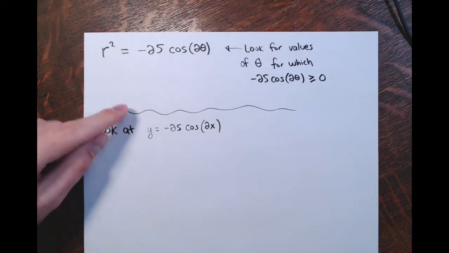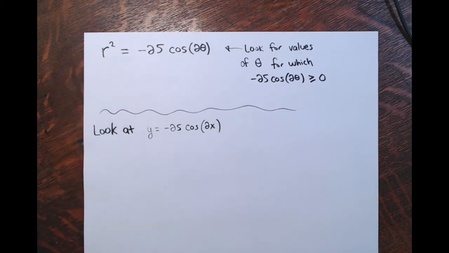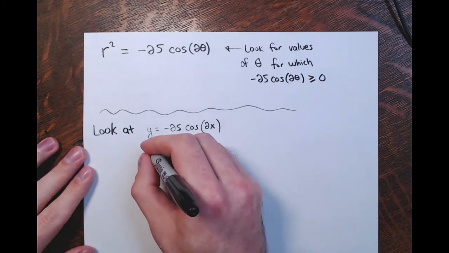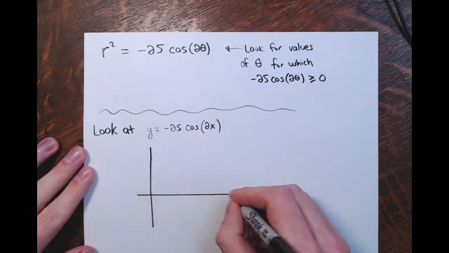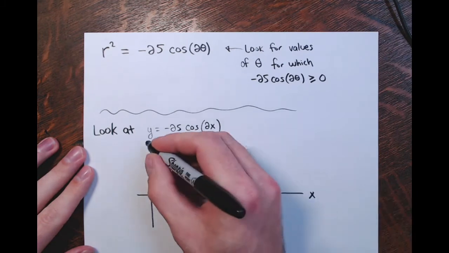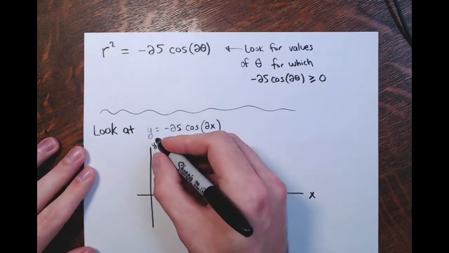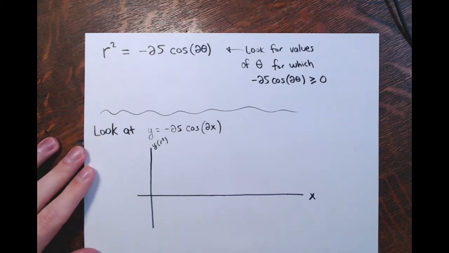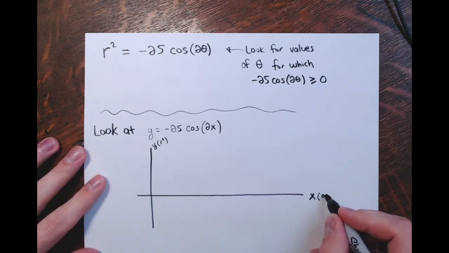Now I'm not replacing r with y, I'm replacing r squared with y here. So a little different than other graphs you may have seen me do. This is the typical way we're used to graphing. Now y represents the value of r squared, and x represents the value of theta.